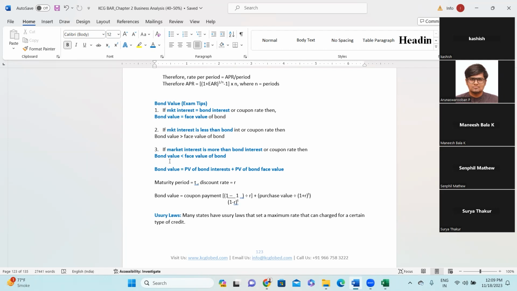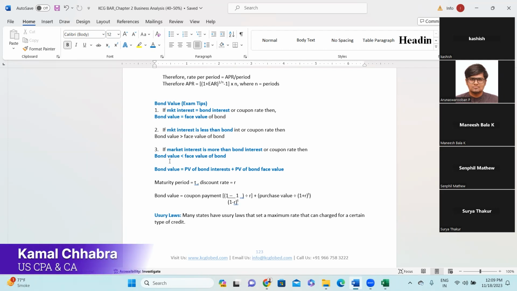A bond is also like a borrowing. On the bond, there is a fixed rate of interest that is called the coupon rate, right? So if the market rate of interest is equal to the interest rate of the bond, or coupon rate, then the bond value is equal to face value.